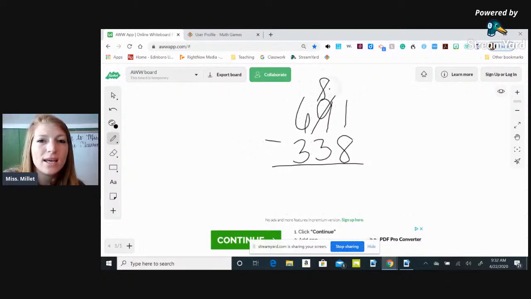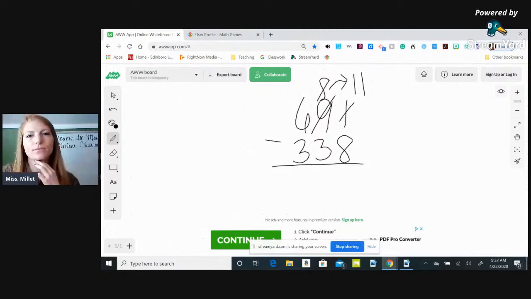Then we're going to give it over, but we don't just give 1 over. In the tens column, the value is 10. So I'm giving the ones column 10 little ones. So it becomes 11. Now 11 minus 8.